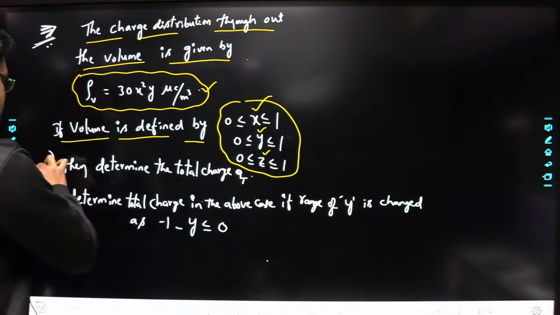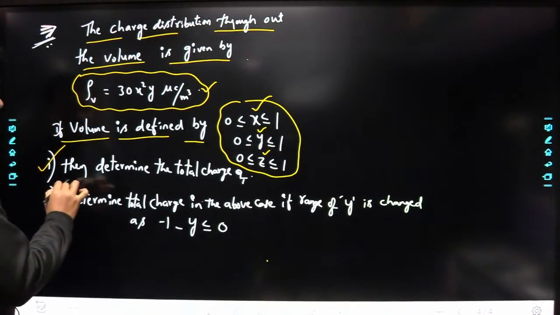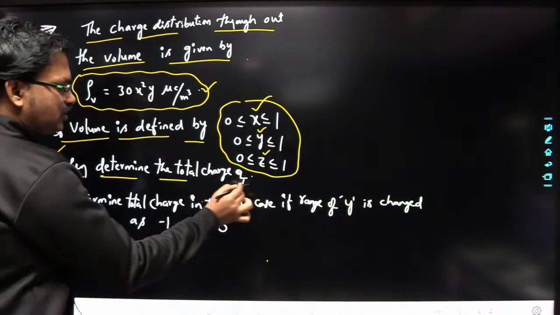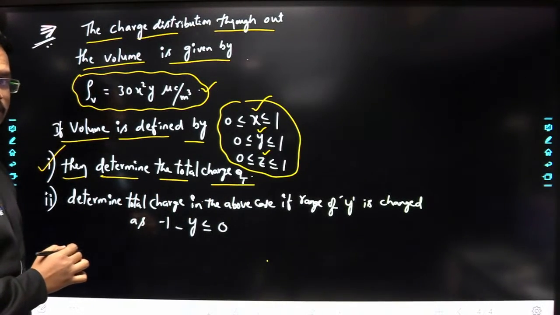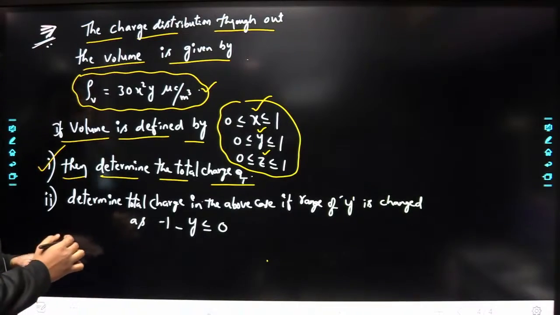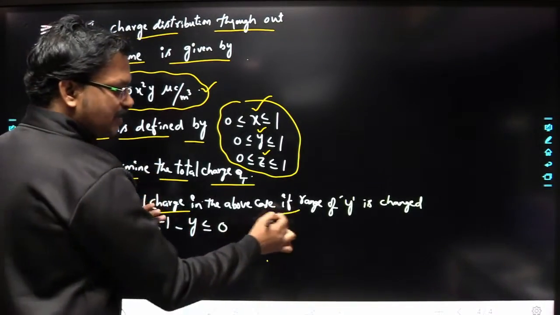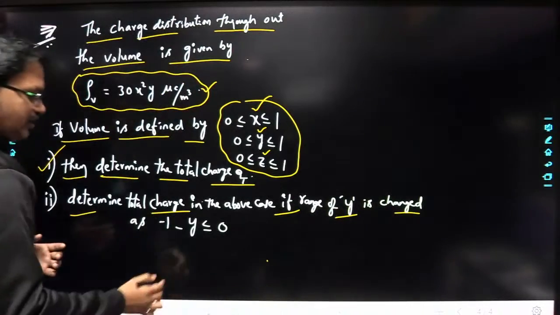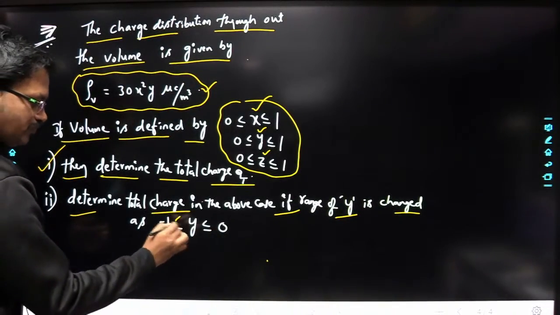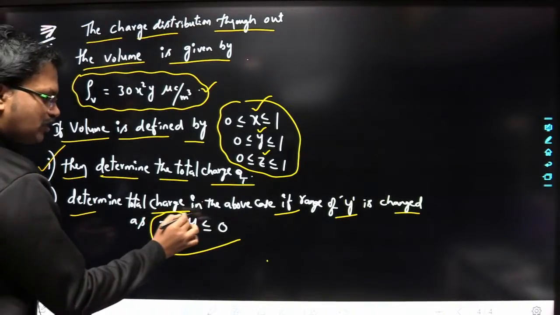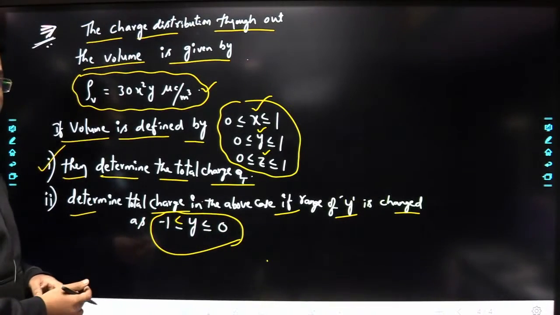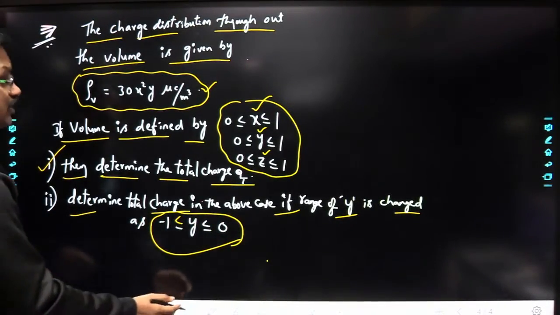In the first case they have asked to determine the total charge, and in the second case, determine the total charge in the above case if the range of y is changed to -1 to 0. Understood? Okay.